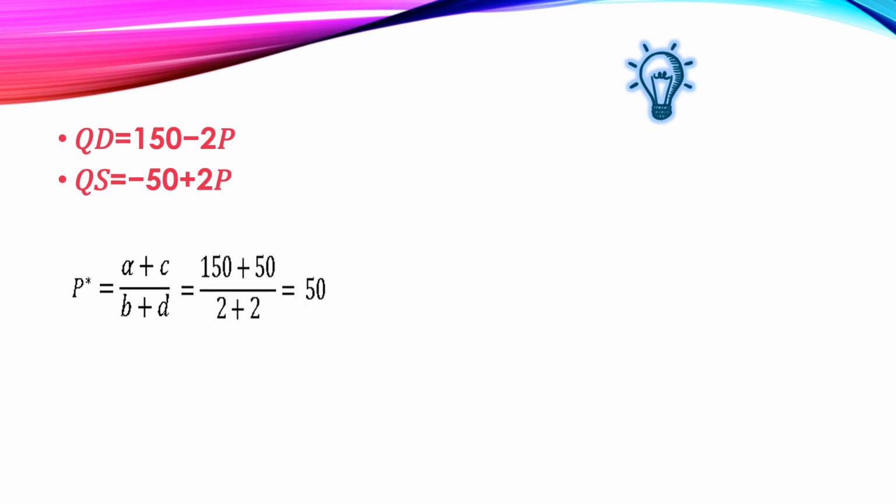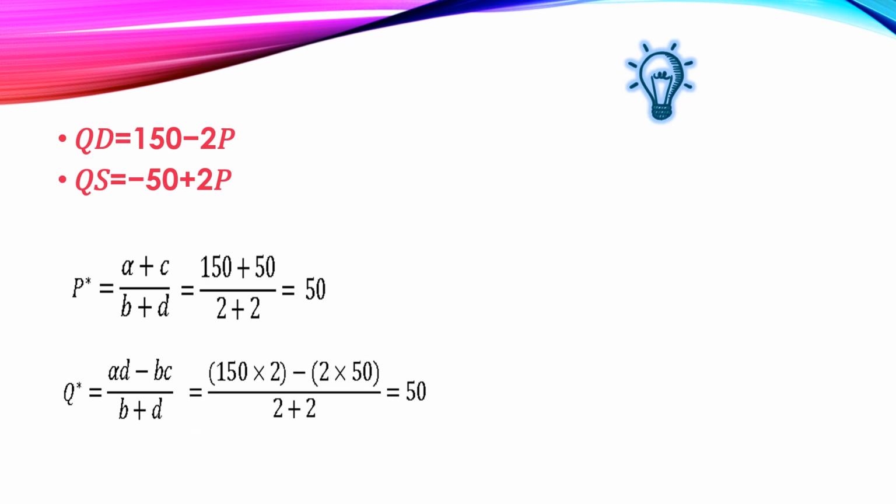So the equilibrium price equals 150 plus 50 over 2 plus 2 equal 50. This is the equilibrium price. The equilibrium quantity equals AD minus BC over B plus D equal 150 multiplied by 2 minus 2 multiplied by 50 over 2 plus 2 equal 50. That is the equilibrium quantity.